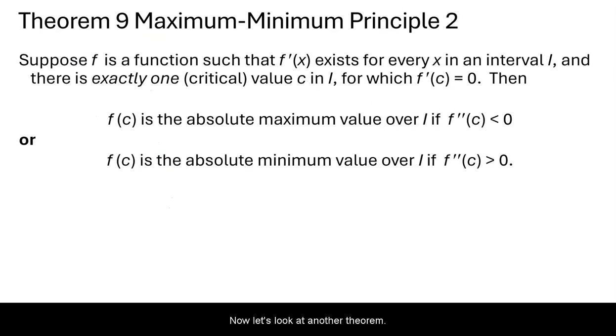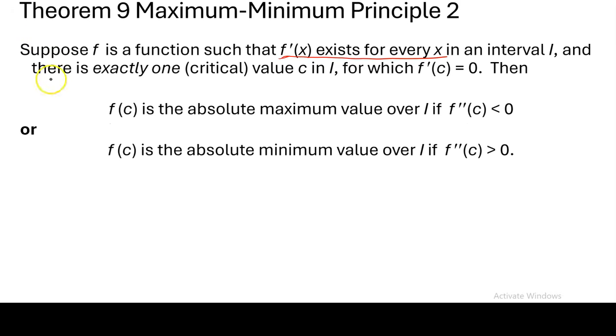Now let's look at another theorem. Suppose f is a function such that f prime of x exists for every x in an interval I. So basically this means f is differentiable at every point in that interval I. And there is exactly one critical value, c, in I, such that the first derivative of f of c equals 0.